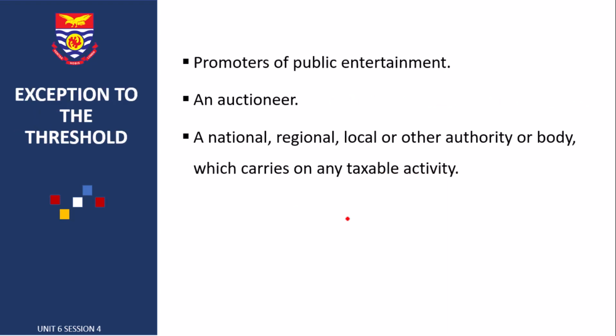Certain groups of people are required to register for VAT even if their business is below the threshold of 200,000 Ghana cedis. These are promoters of public entertainment, an auctioneer, a national, regional, local, or other authority or body which carries on any taxable activity.